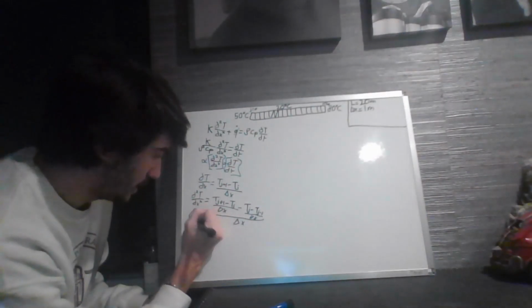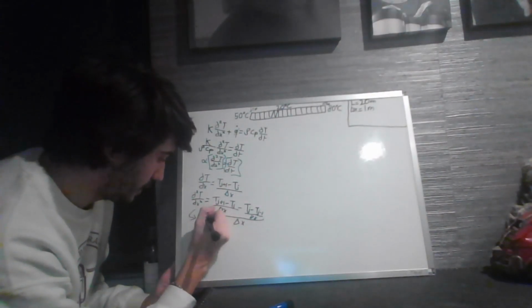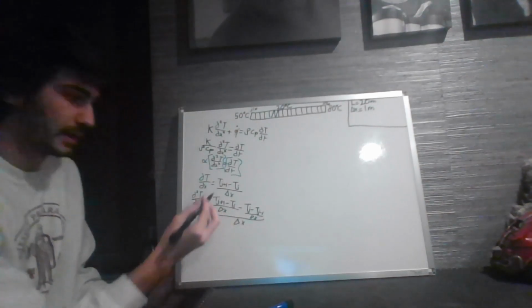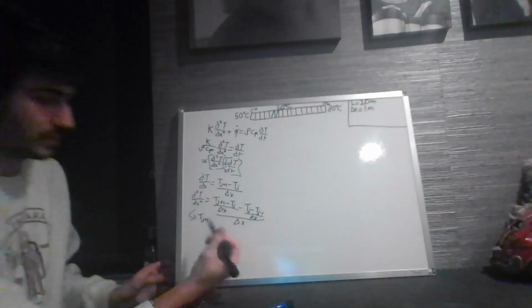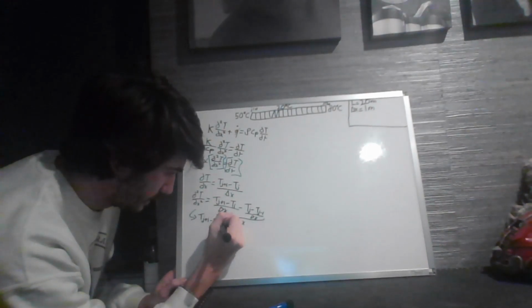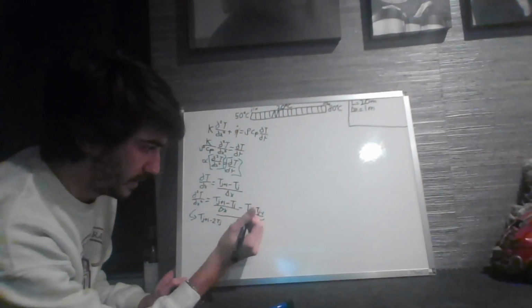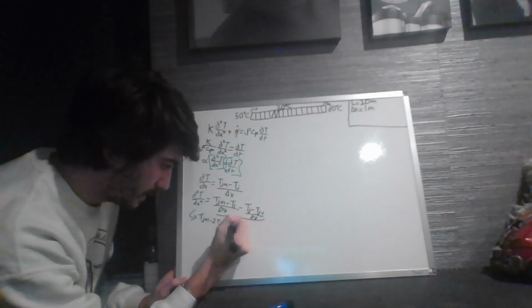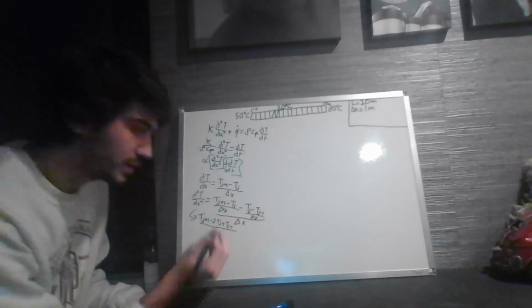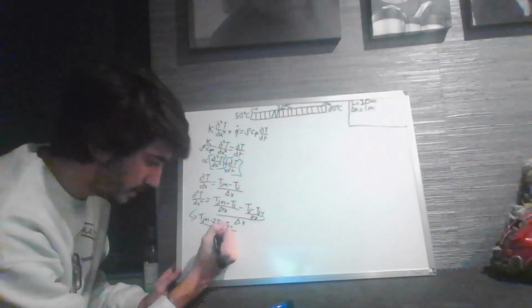We can go ahead and simplify this into a common denominator so that we end up with T of j plus 1, and then minus 2 T of j, and then minus minus we get a positive T of j minus 1. Of course, this is all over delta x squared.